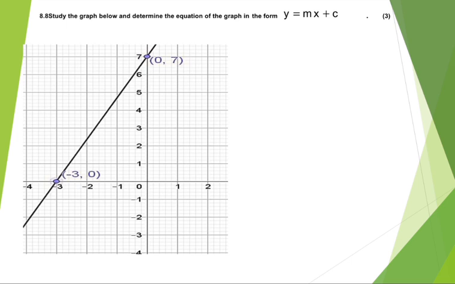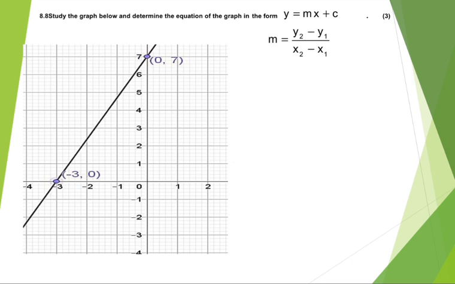And then move on. Study the graph below and determine the equation in the form y is equal to mx plus c. So those are the intercepts. The x-intercept is negative 3, 0. The y-intercept is 0, 7.